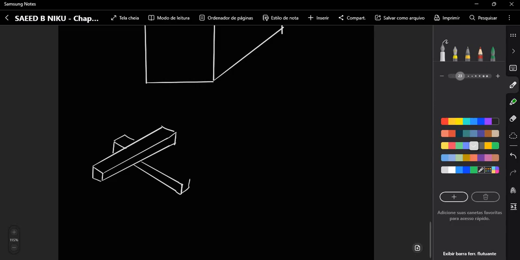Okay. And now it's very straight. Another rigid part.